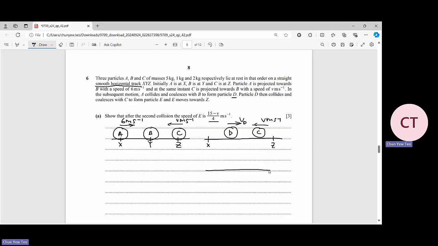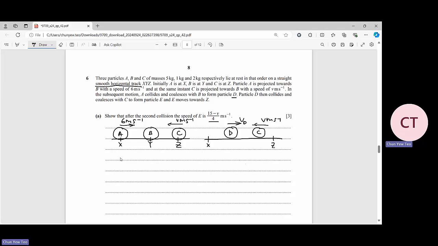D and C collide, become E, and they are moving towards Z. So these are the three situations described in the question. I do not want to have so many diagrams over here, so I will just leave it like this.